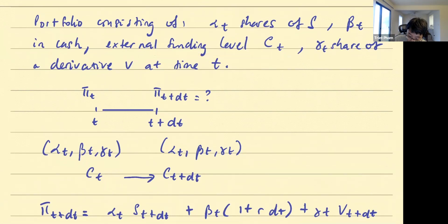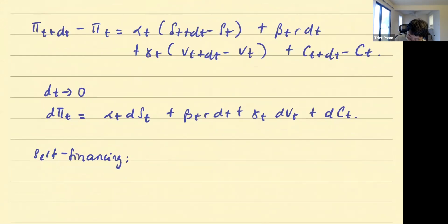So external funding or consumption can all be captured by this quantity. But if it's self-financing, that means you are not allowed to bring in external funding or take out money by consumption. So that's what self-financing means. No outside funding or no consumption from the portfolio itself.